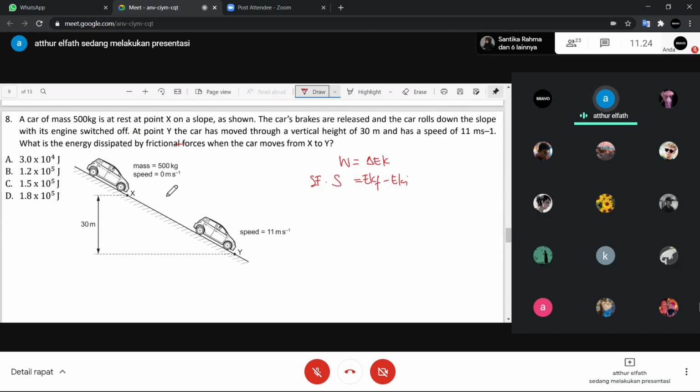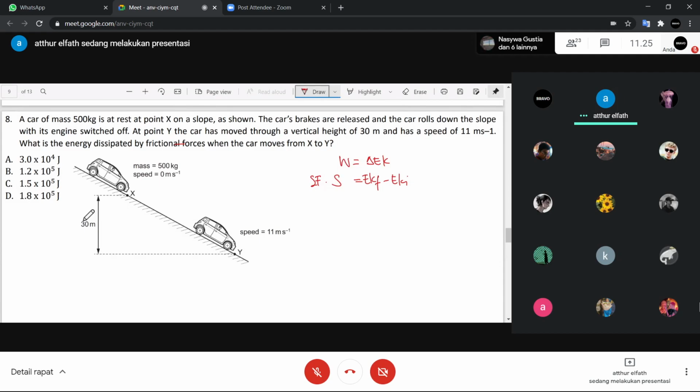The distance means x to y, and 30 meters is the height.